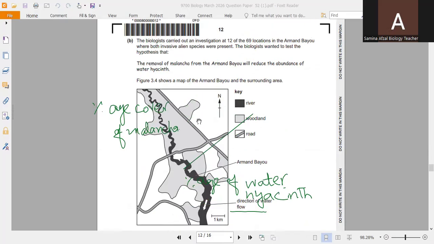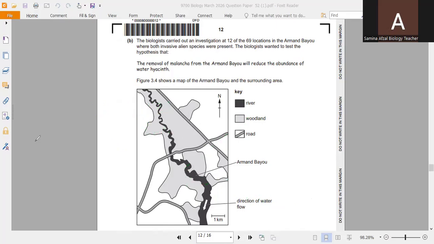Now the next part of this question is: the biologist carried out an investigation at 12 of the 69 locations in the Arman Bihu where both invasive alien species are present. The biologists wanted to test the hypothesis that the removal of Melanca from the Arman Bihu will reduce the abundance of water hyacinth.